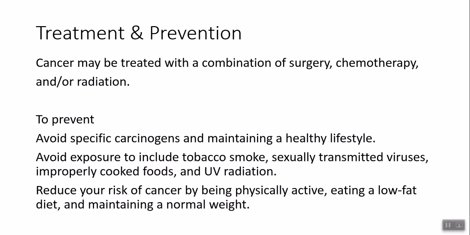Reduce the risk of cancer by being active, eating low-fat diets, and maintaining normal weight. So these are some of the things you have to keep in mind. We need to avoid smoking, tobacco chewing, and sexually transmitted infections. You should be a little bit controlled. Be committed to a single partner, and should not go for multiple partners for sexual activities.